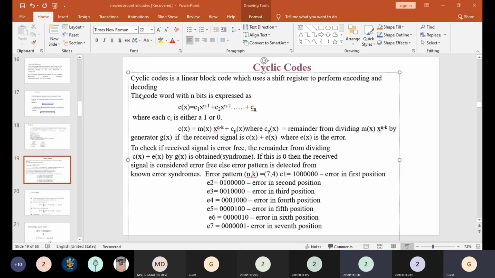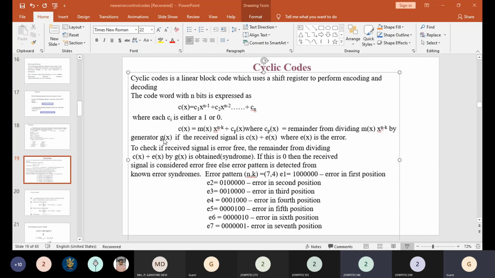So as you have seen, n comma k is 7 comma 4. There are going to be 4 bits as input and 7 bits as output, that is, 4 information bits. The number of parity bits r is equal to n minus k, which is 3.